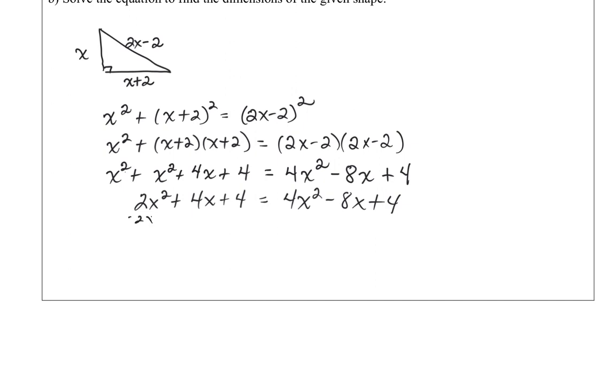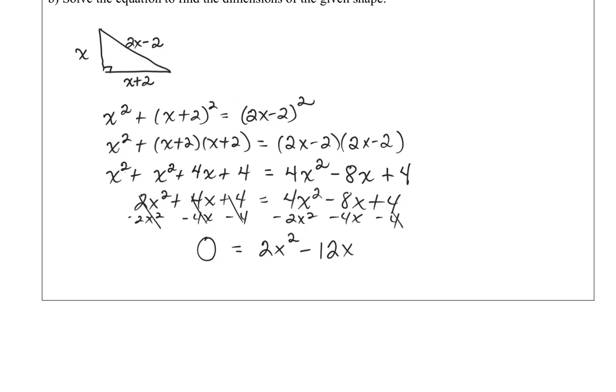So minus 2x squared, minus 4x, and minus 4. Over here, these all add to 0, and that's going to give me 2x squared minus 12x.